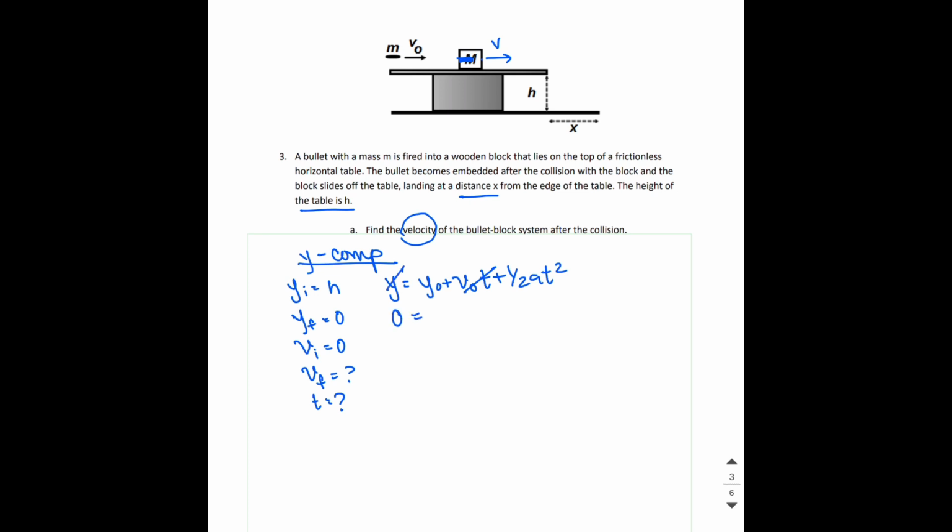So I get 0 is equal to h minus 1/2 gt squared, minus because the gravity is going in the negative direction, so I just pulled it out in front. From there, I'm going to subtract the h over and then multiply by 2 and divide by negative g. So that's going to get rid of the negatives, and I get t squared, or sorry, t is equal to the square root of 2h over g.